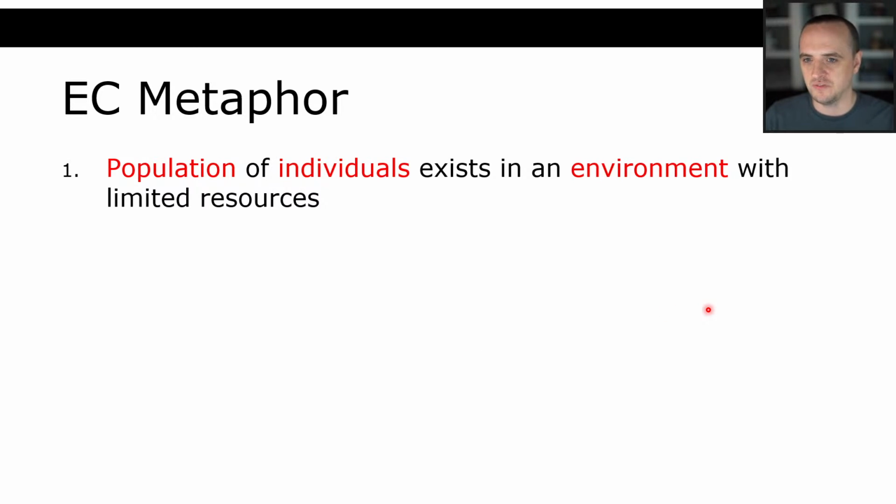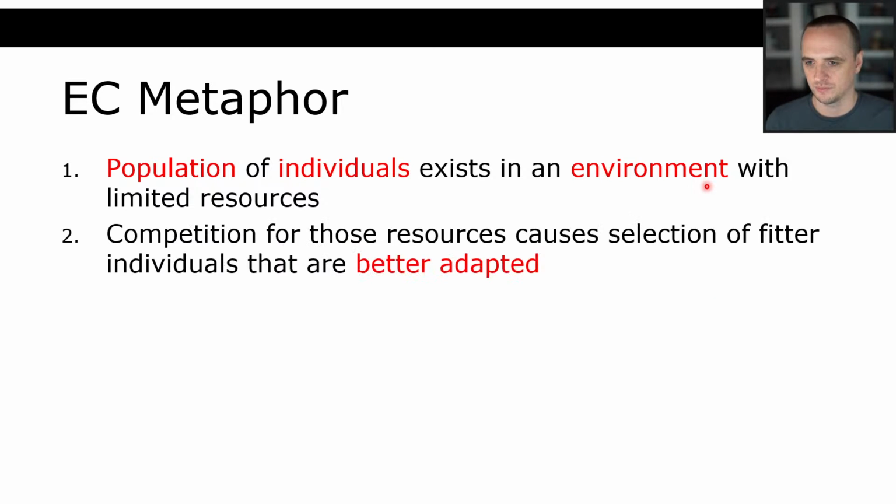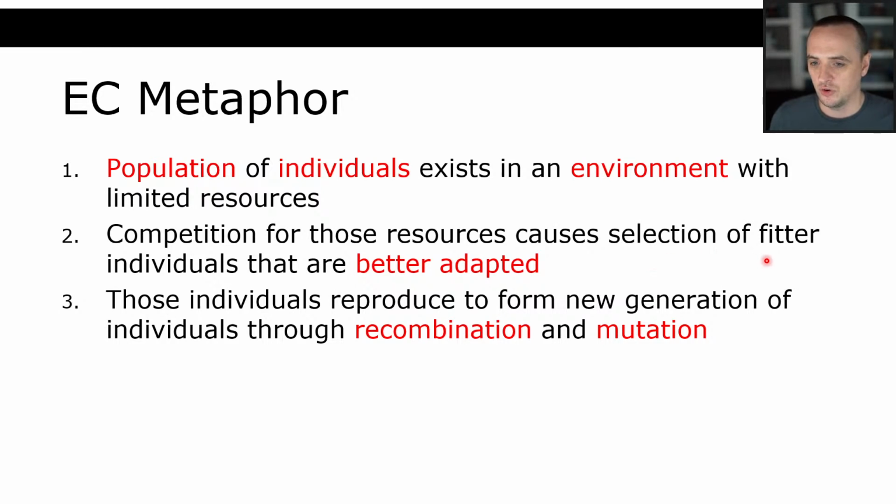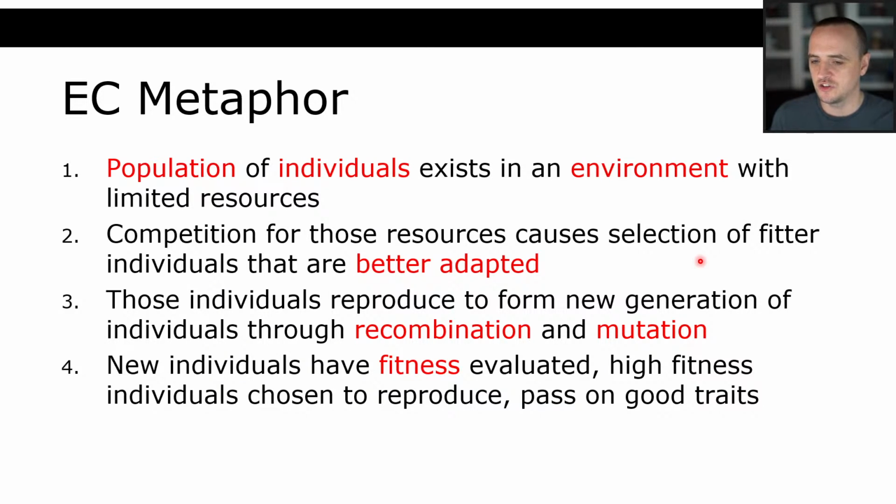Populations of individuals exist in an environment with limited resources. Competitions for those resources cause selection of fitter individuals that are better adapted. Those individuals that are better adapted reproduce to form a new generation of individuals through recombination and mutation. New individuals have their fitnesses evaluated.